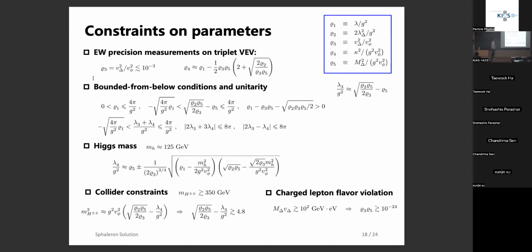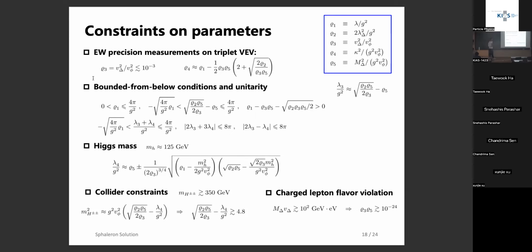In addition, the rho 4 parameter can be expressed using the other 4 parameters as a good approximation. Apart from this, there are some other constraints, which include the bounded-from-below conditions and the unitarity conditions in the scalar potential.